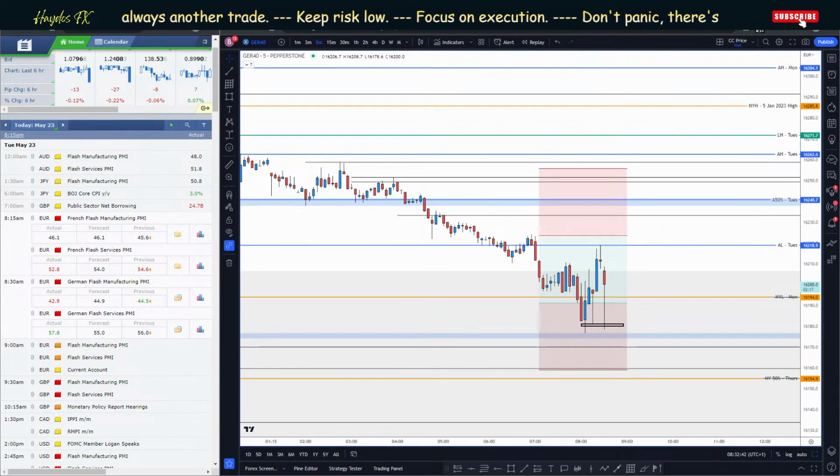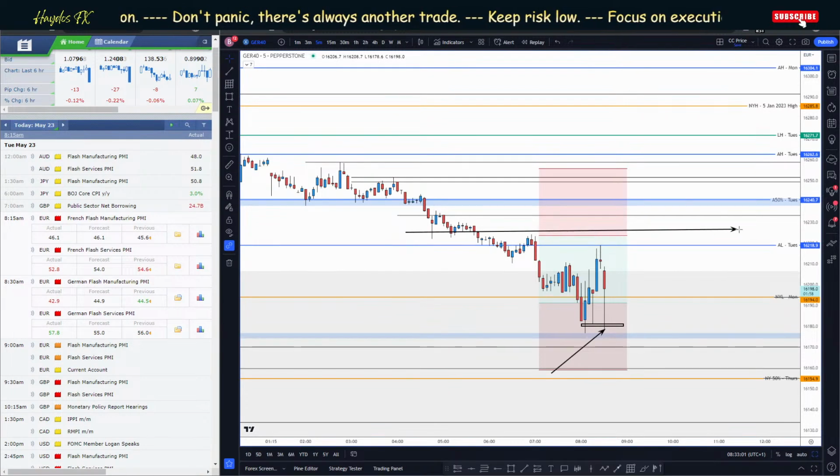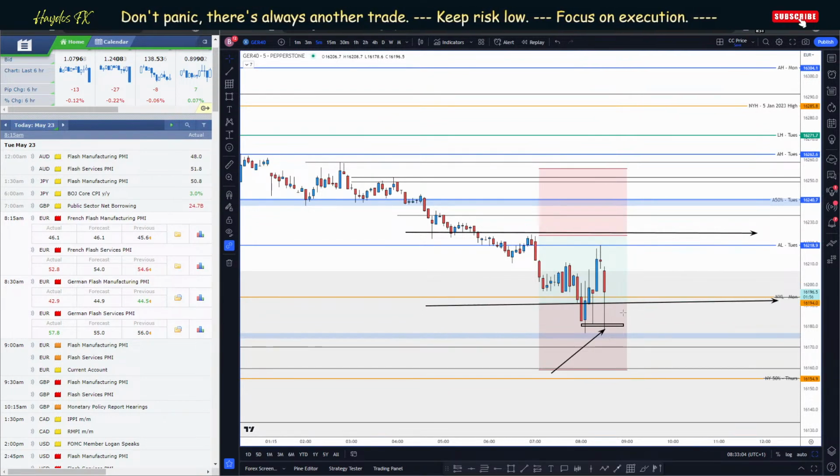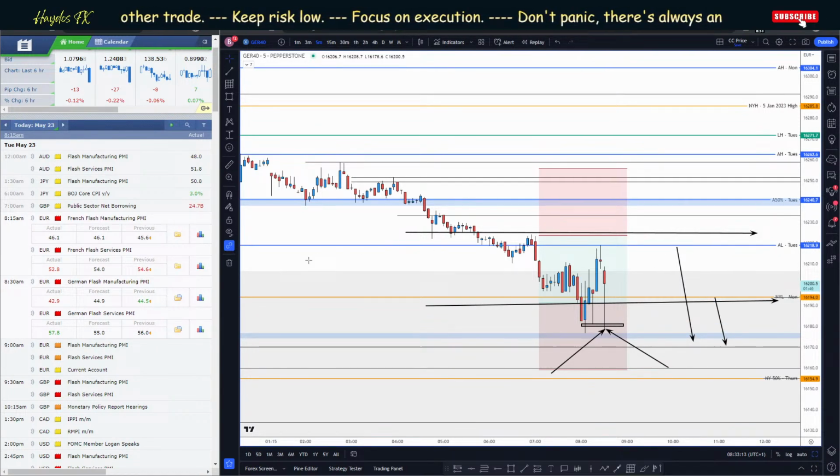I'm sure that would have triggered people. That's a trap. But I'm looking for fake outs. So I just don't want to take fake out longs, because overall I think there's more room to go down, given that we're in this faint gray area.